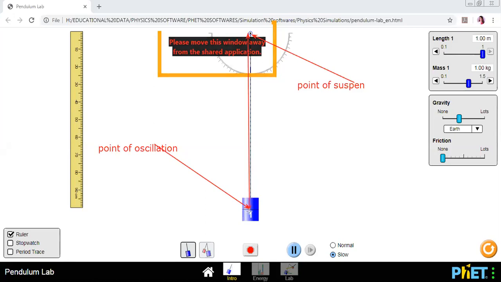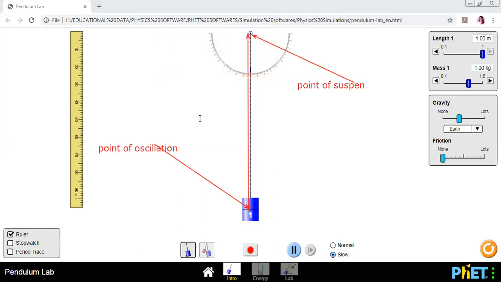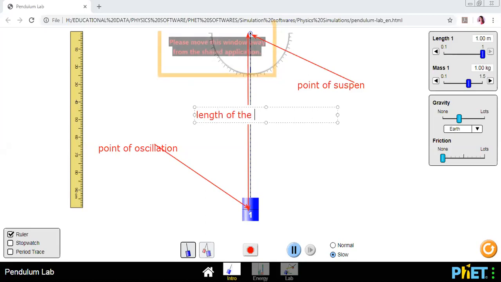This length, what I have drawn, is the length of the pendulum. Try to understand why we are so careful about this. This is the effective length of the pendulum, from the point of suspension to the point of oscillation.